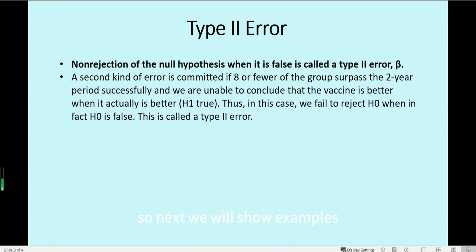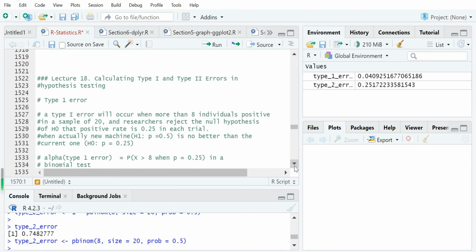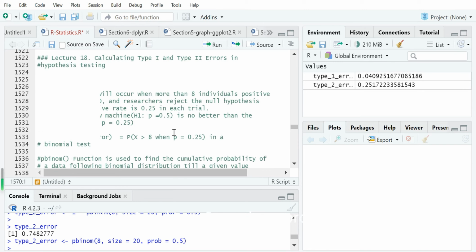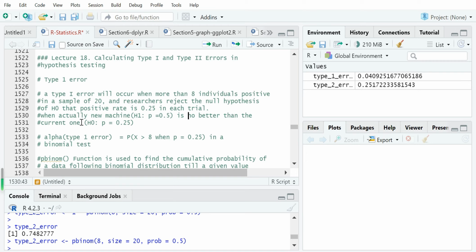So next we will show examples for calculating type 1 and type 2 error in R programming. This example is what we have said. H0 is the probability equals 0.25 in a binomial trial success rate, and H1 is the probability of 0.5.